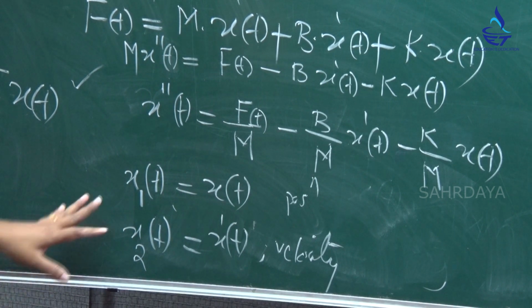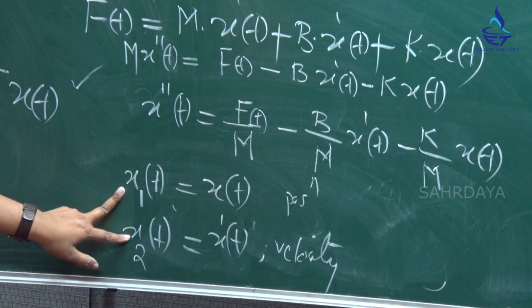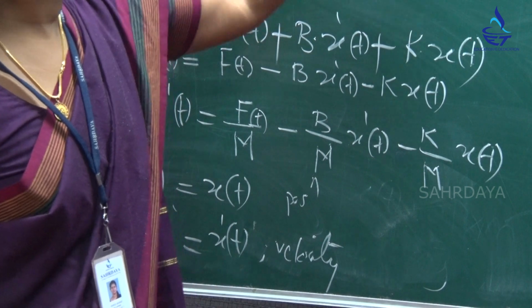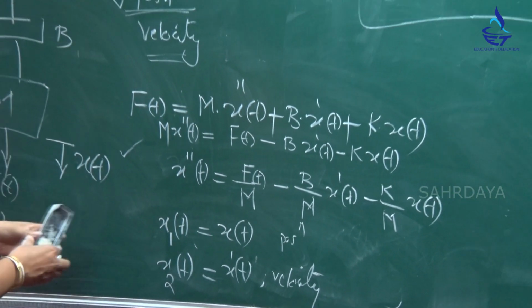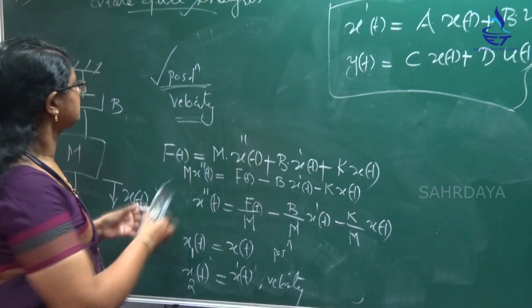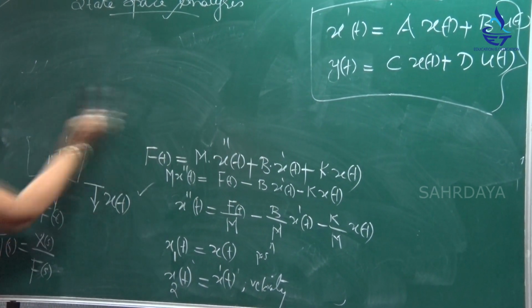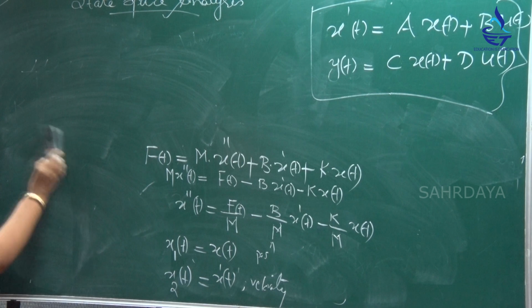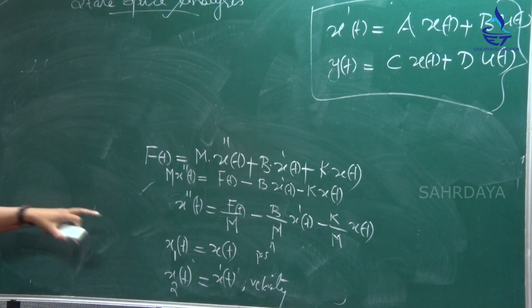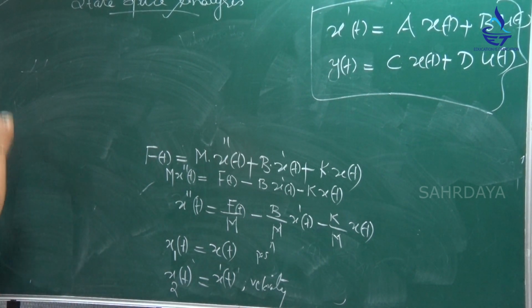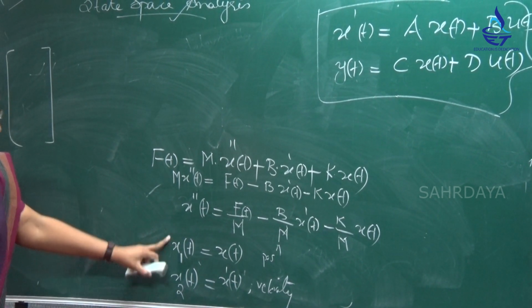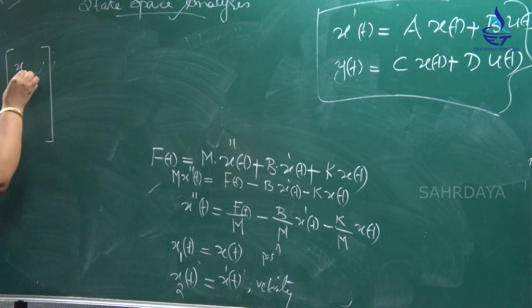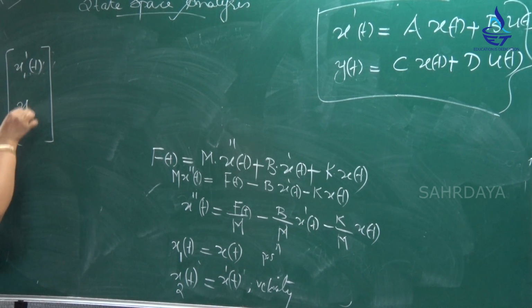Having identified the two state variables, now I should write two equations, the state equation and the output equation. Let me first write the state equation. In my state equation, I should have the first order differentials of the state variables, x1 dash and x2 dash.